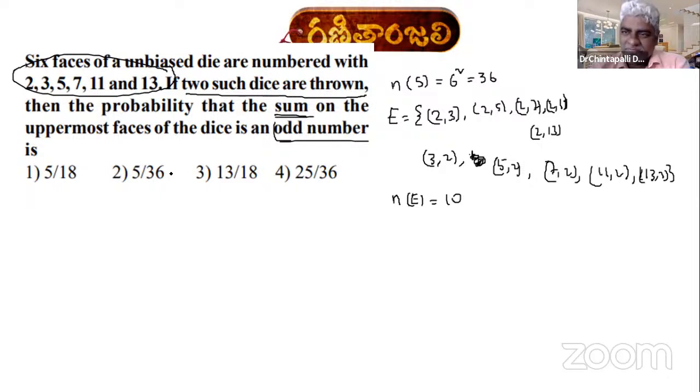If only two numbers are added, one must be even and one must be odd, then only we get an odd number. Even plus odd or odd plus even. Now here n of E is equal to 10. Continue this calculation and tell the answer.